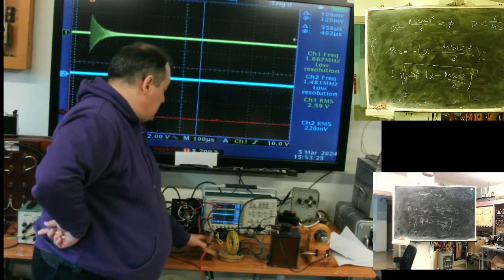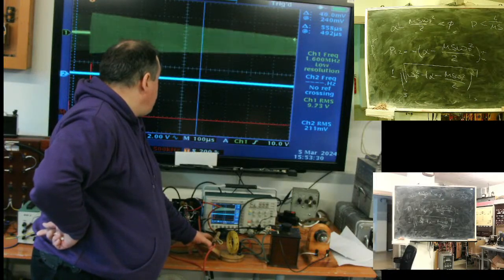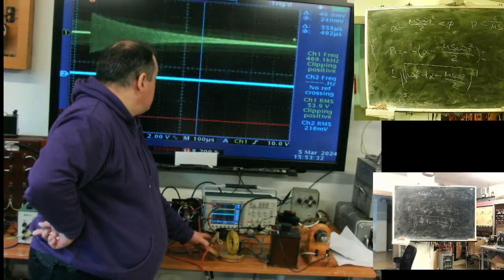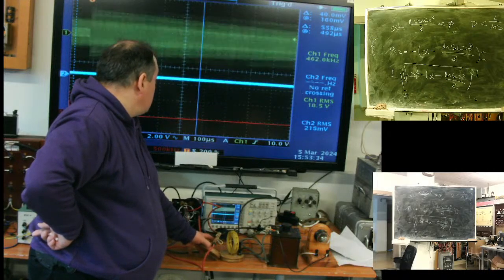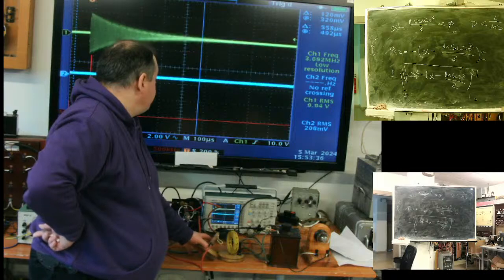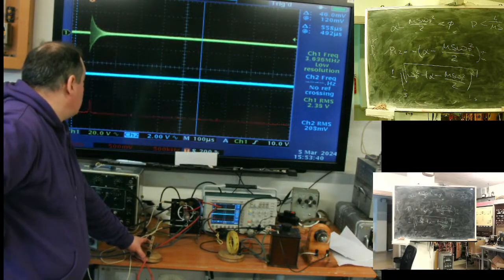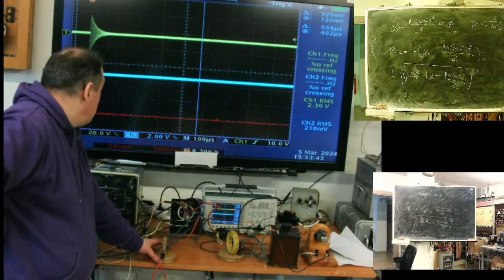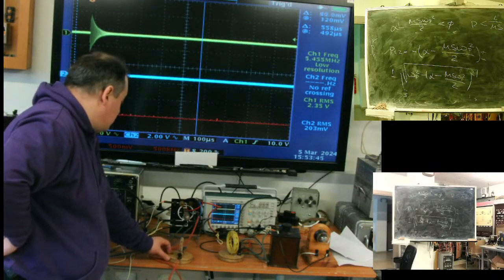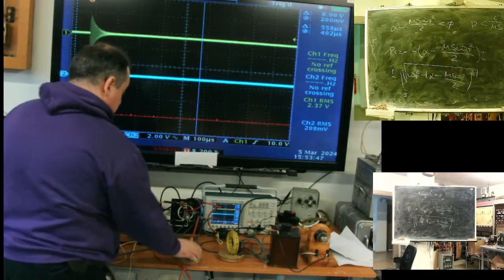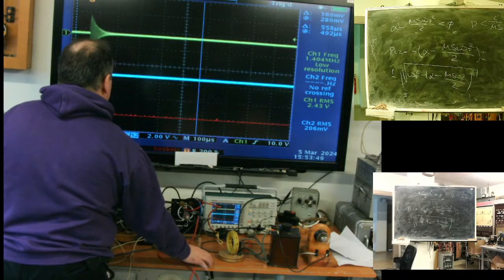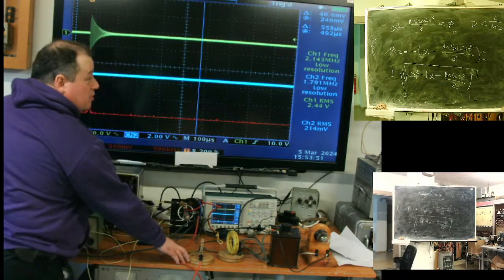Less pulse. You see this long tailing? Small positive coupling, the system seems still stable. I'm coming closer. Stable, stable, still stable.